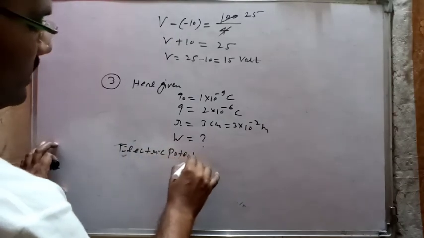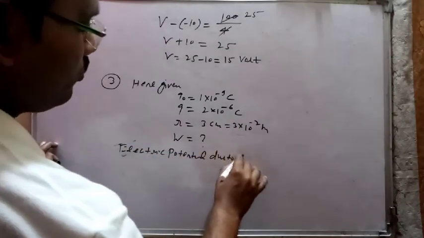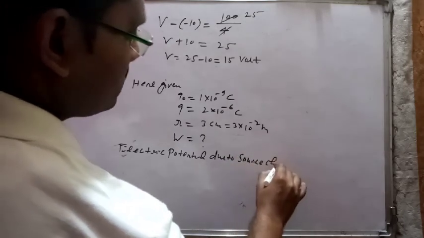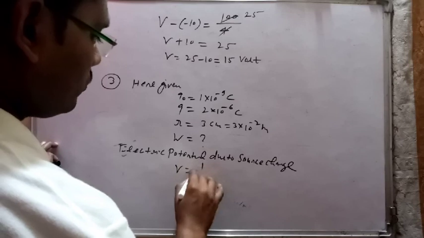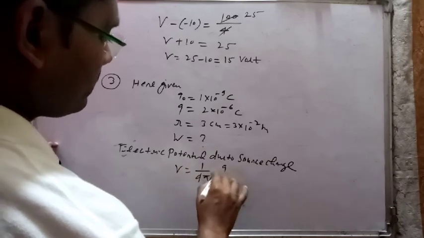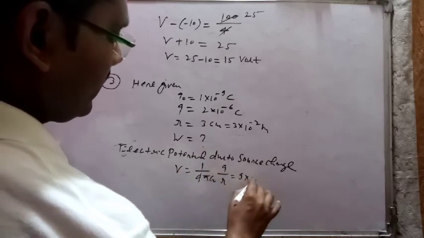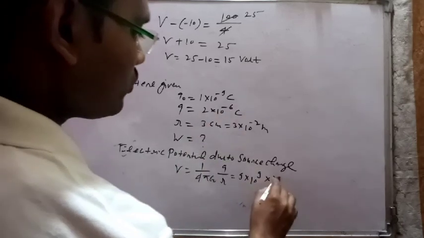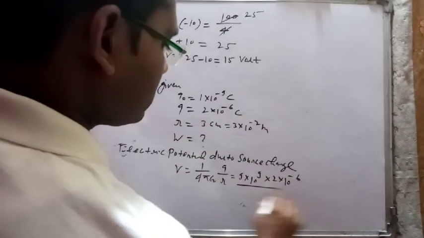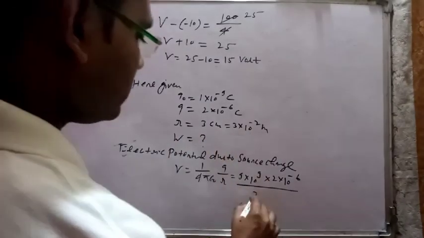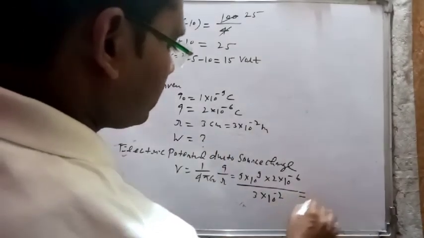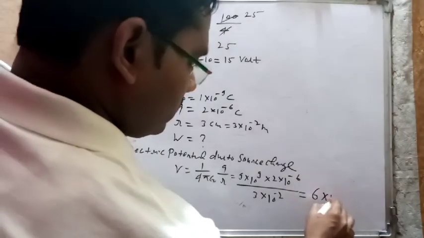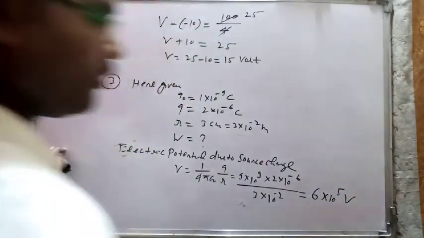Electric potential due to source charge V is equal to 1 divided by 4 pi epsilon naught q by r, 9 into 10 to the power 9, and the value of q is 2 into 10 to the power minus 6, and the value of r is 3 into 10 to the power minus 2. If we solve this, we get 6 into 10 to the power 5 volt.